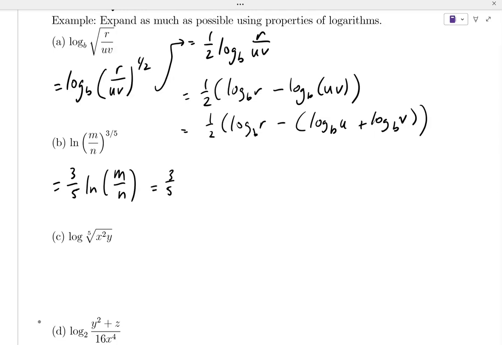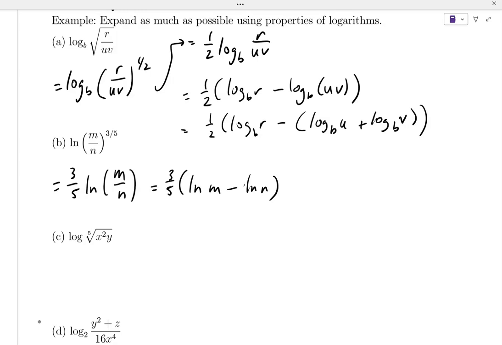Good. So now we have 3/5 natural log of m minus natural log of n. Pardon me. It's okay? So we just drop the e entirely.